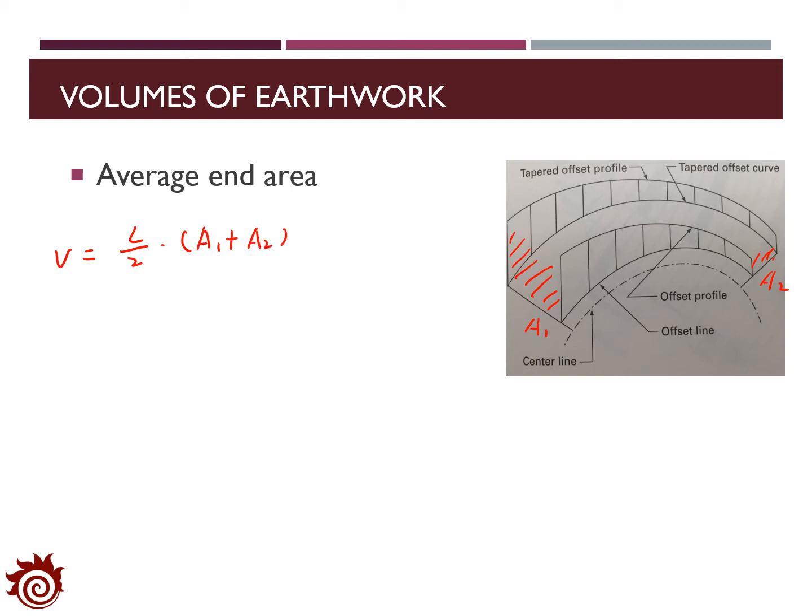Here, A1 is the cross-section area at the initial point, and A2 is the cross-section area at the end point.